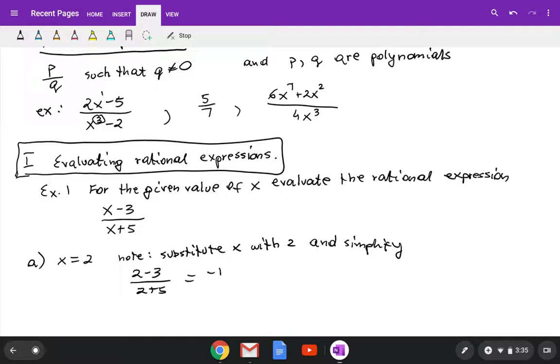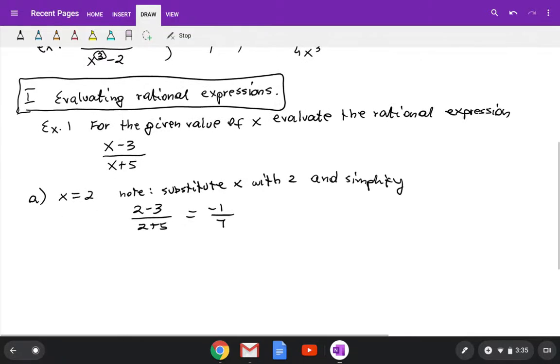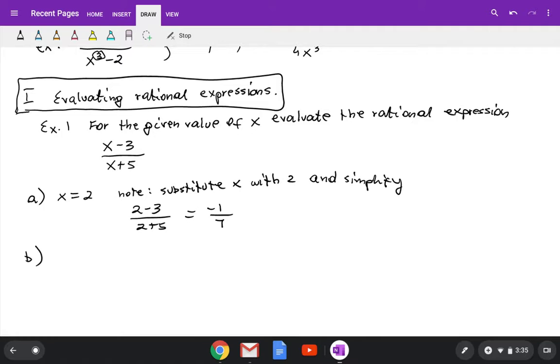We're getting negative 1 over 7. Okay, that's it. We evaluated. B, evaluate the rational expression when x is equal to 0. The same thing, we're going to substitute x with 0. So we have 0 minus 3 over 0 plus 5. We're getting negative 3 over 5.